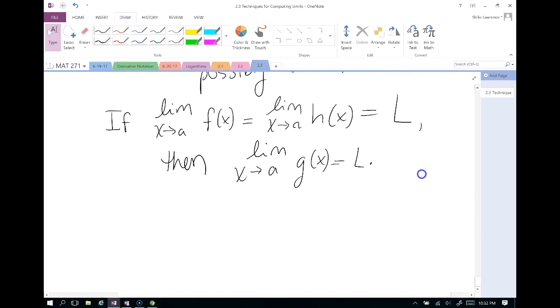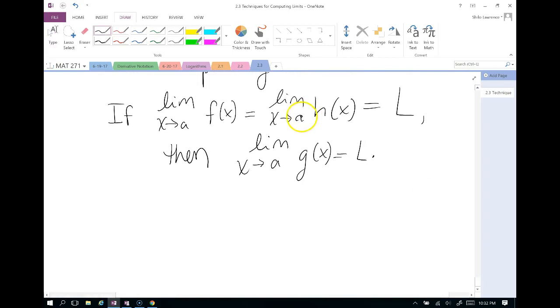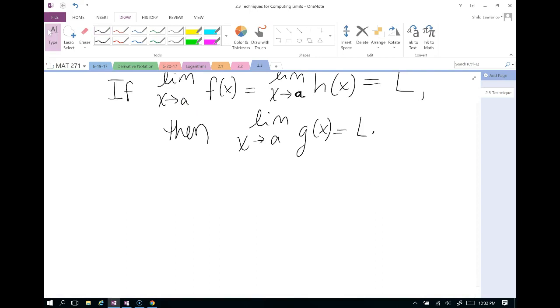We use this a lot in Calculus 2. We just introduce it very briefly here, just the idea of a squeeze theorem, but we expand on it a lot more in Calculus 2.